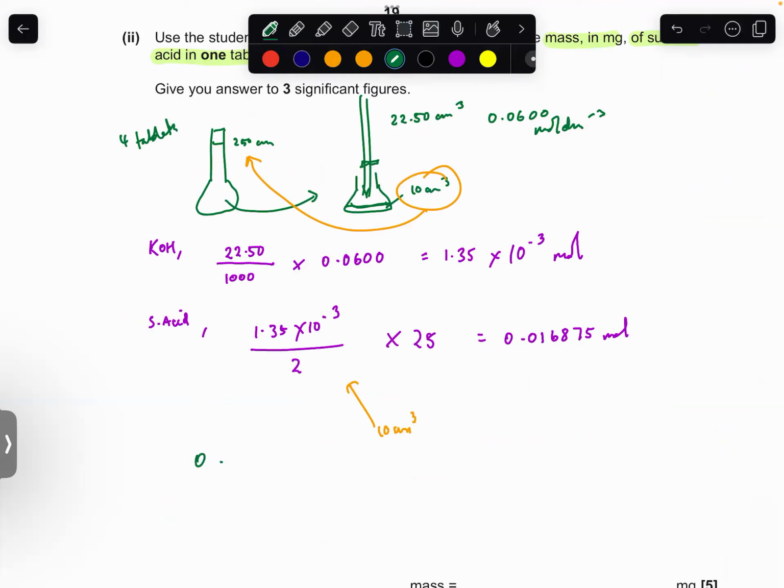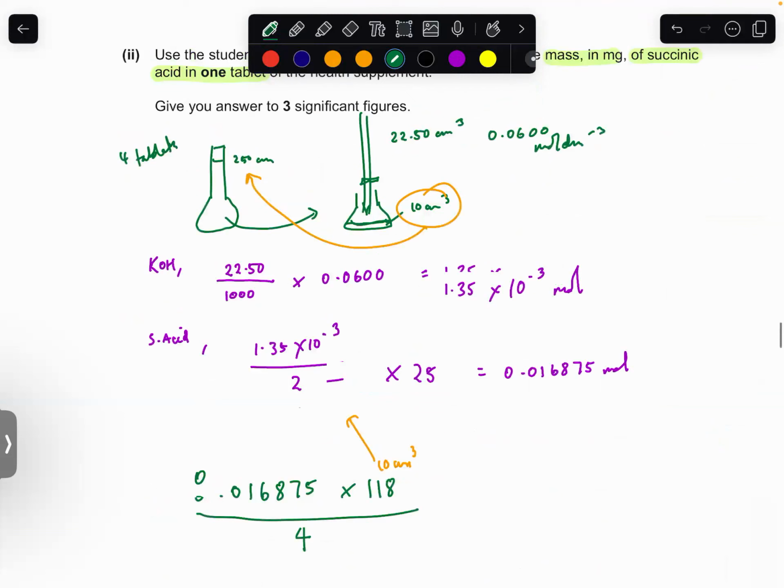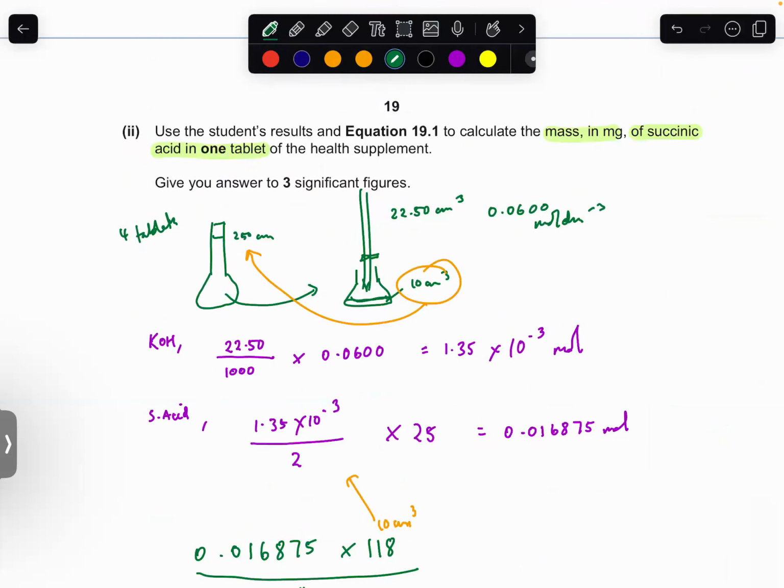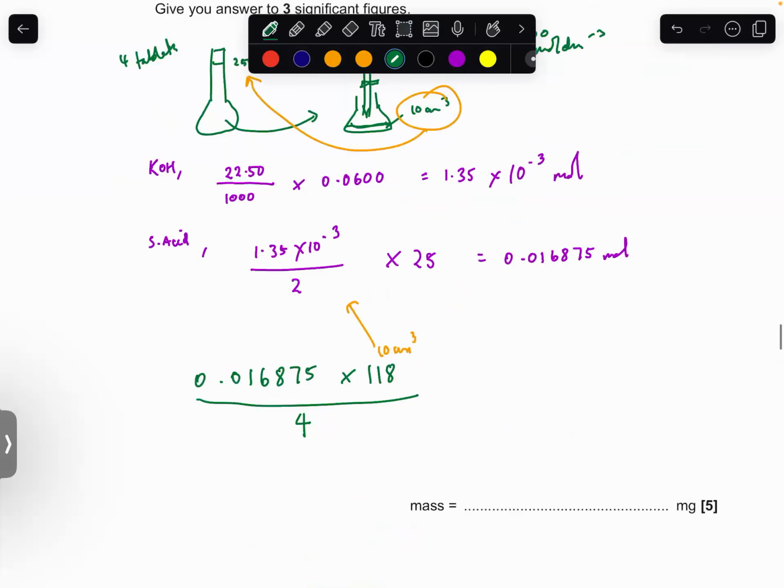So 0.016875 multiplied by 118. That gives you the mass of succinic acid in the 4 tablets in grams. We want to divide that by 4 to work out the mass in grams in 1 tablet. But we then want to convert the grams into milligrams. How do you convert grams into milligrams?